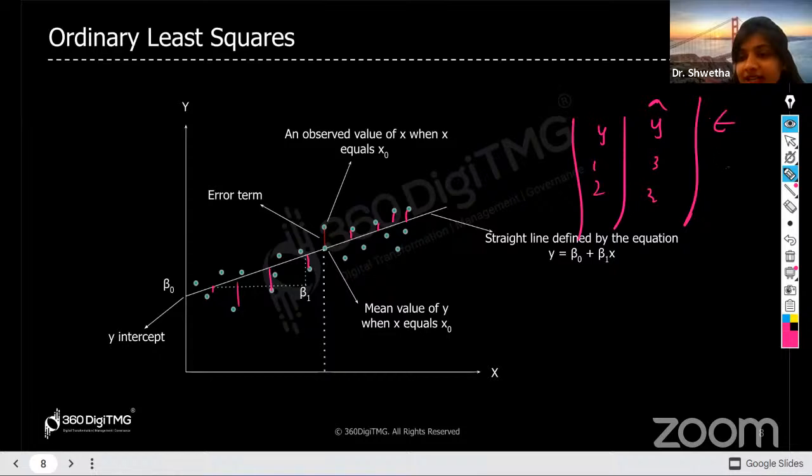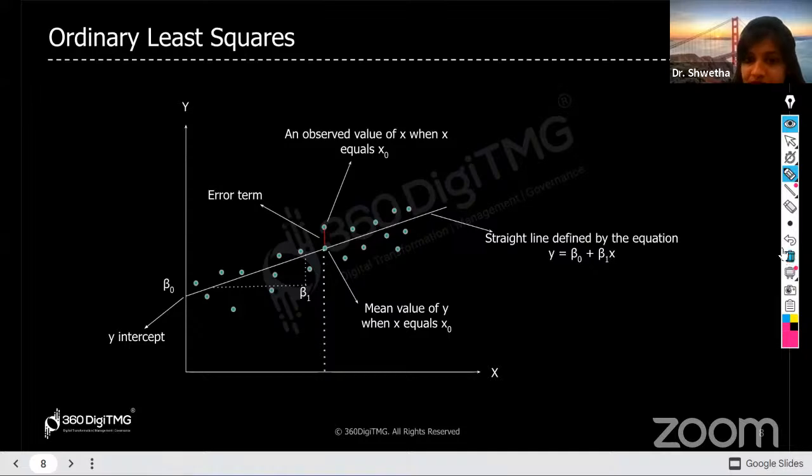If we calculate the errors, the sum of it would actually come to 0 because positive errors and negative errors cancel out. So we usually take the square of the errors. That is why this technique is called ordinary least square.